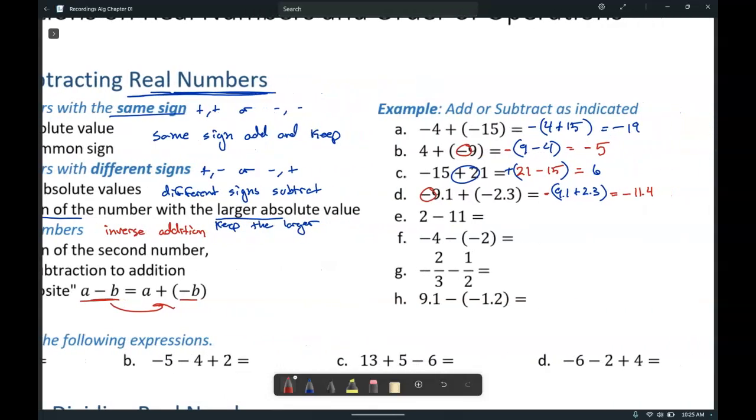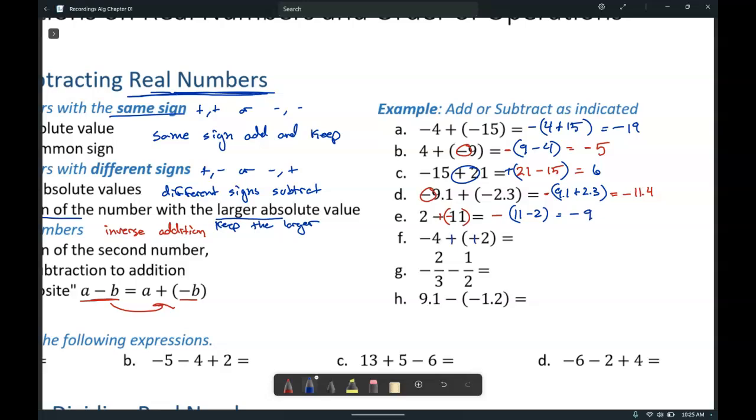So we have 2 minus 11. We want to think of this instead as 2 plus negative 11. And then we follow our addition rules and say, okay, well, the magnitude of 11 is larger, so our answer will be negative. And then we will go ahead and subtract because their signs are different. So 11 minus 2 to give us 9, and it is negative.